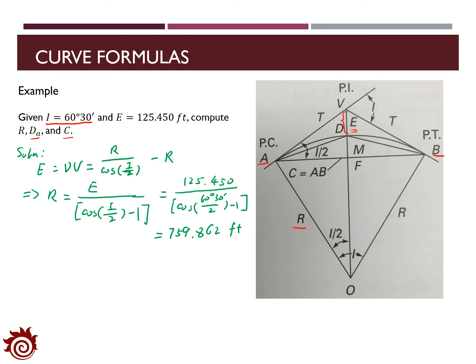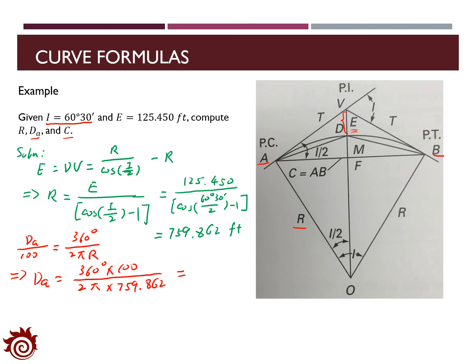And then we can check the definition of the degree of curvature for the arc definition. So we have dA over 100 equal to 360 degrees divided by 2 pi R. With that, we have dA equal to 360 degrees times 100 divided by 2 pi, and R is given as 759.862 feet.